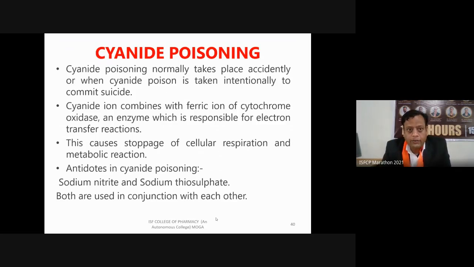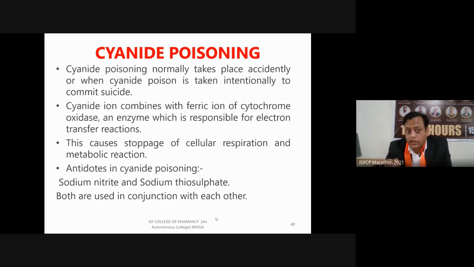Cyanide poisoning normally takes place accidentally, or when cyanide poison is taken intentionally to commit suicide. Cyanide ions combine with the ferric ion of cytochrome oxidase, an enzyme which is responsible for electron transfer reactions. This reduces the working of cytochrome, which is essential for electron transfer.